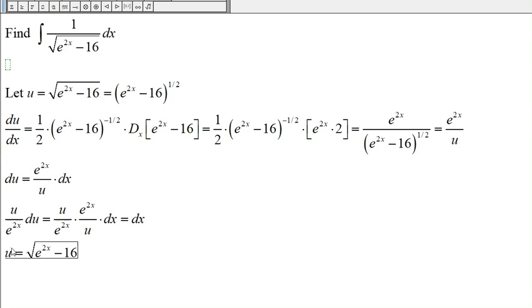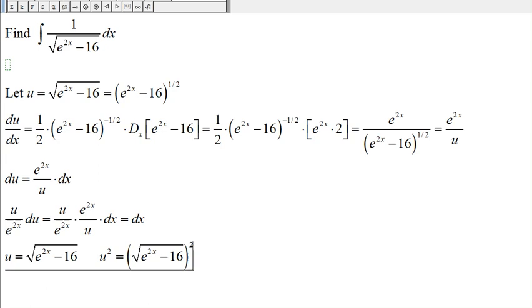And then also, if we square both sides, we get u squared is equal to e to the 2x minus 16.